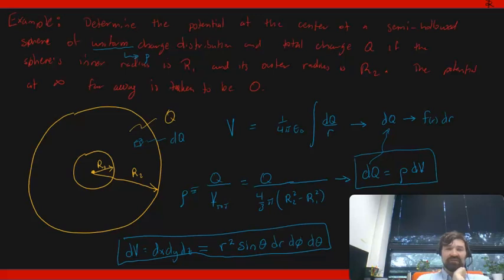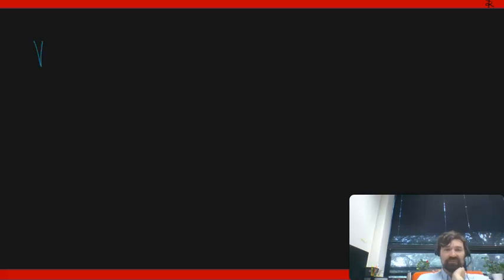What that's going to allow me to do is basically my dq is now rho dV, is now rho times r squared sine theta dr d theta d phi, divided by r. Okay, so my potential has now become a triple integral.